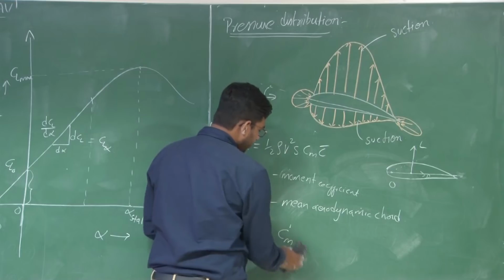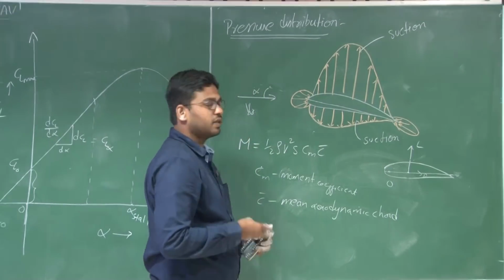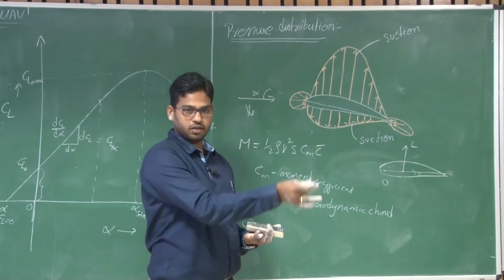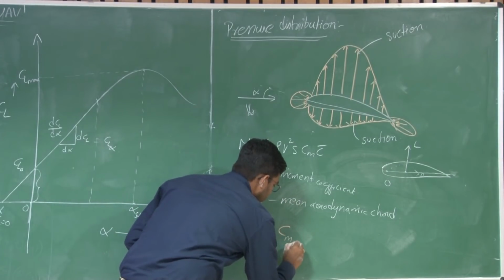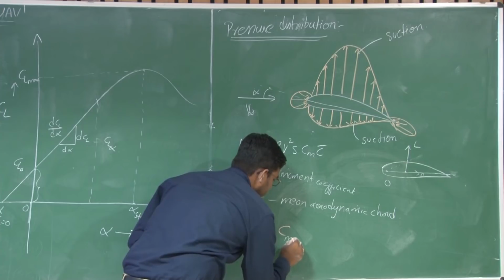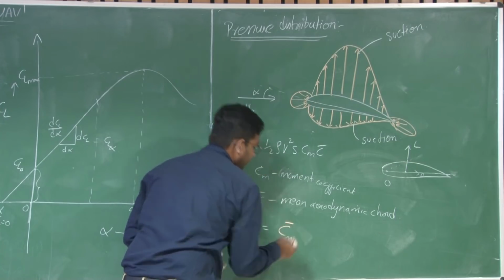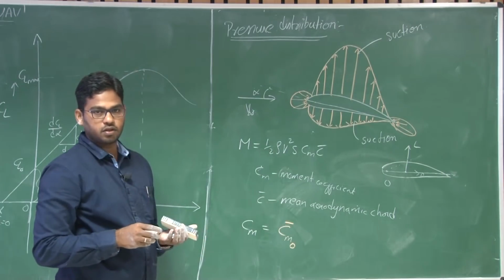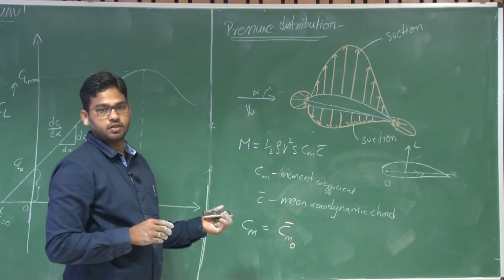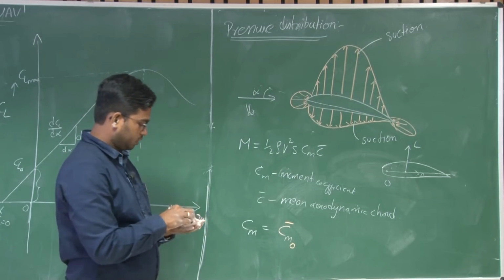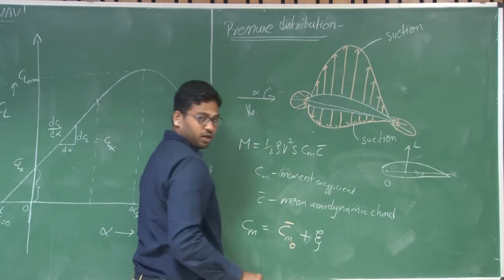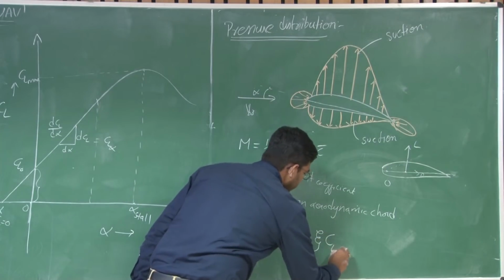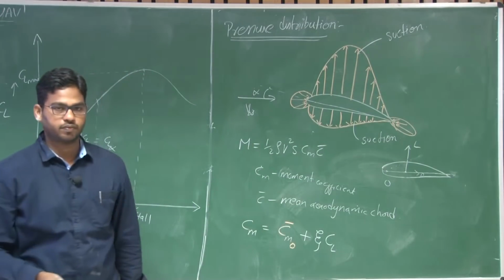So let Cm naught prime be the moment when the lift is 0. Let us say Cm naught bar is the moment at Cl equals 0, when there is no lift, right? Plus some zeta into Cl, the moment due to lift.